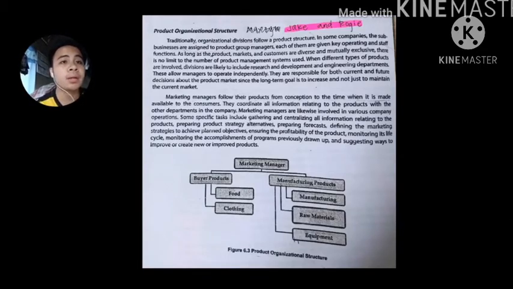ng product. Marketing managers are likewise involved in various company operations.